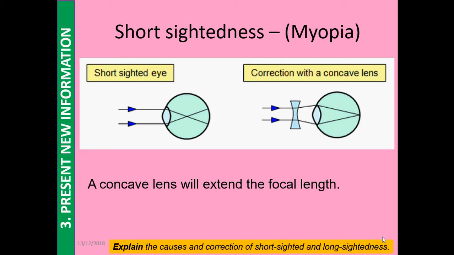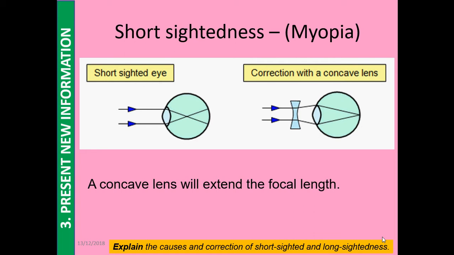So what the concave lens does is it kind of widens out the beams of light. So it's kind of refracted them out. And that means that it's allowed a greater distance in the focal length to bring those back to a point at the focal point, and it's hitting the retina.